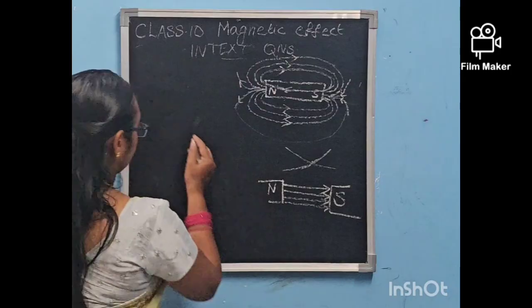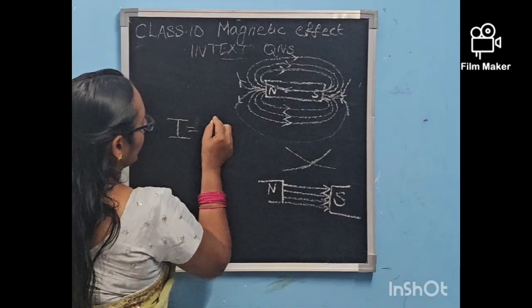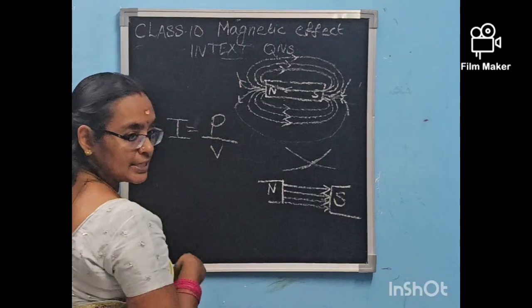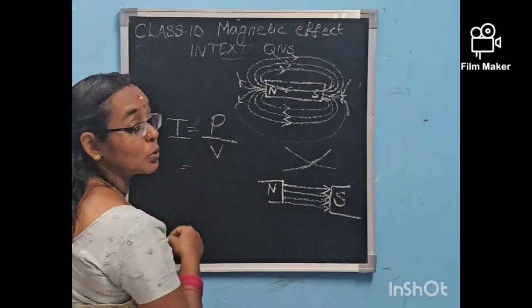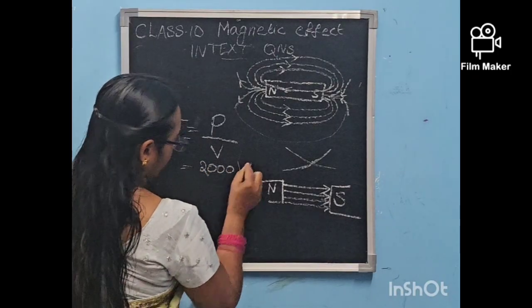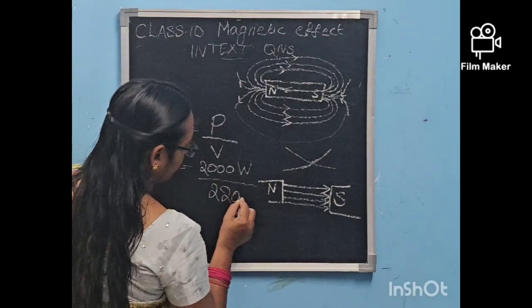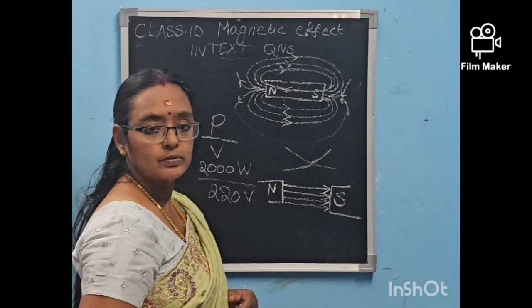We know already that current I is equal to power divided by voltage. Power they have given as 2 kilowatt, which means 2000 watt. Voltage is 220 volt.